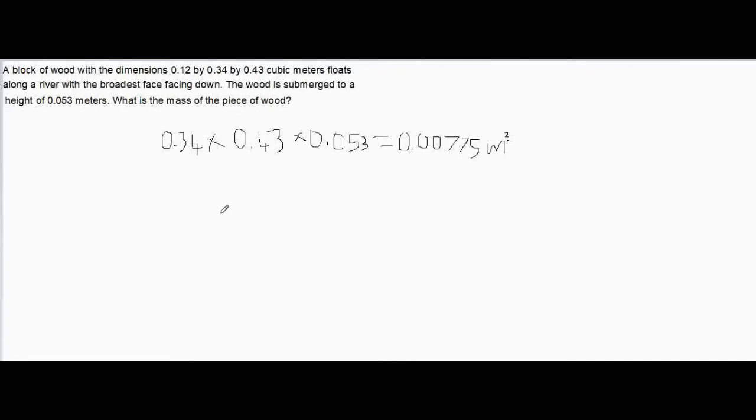So now what we've just found is the volume of water that's displaced. Now we want to find the mass of that volume of water. Apply Archimedes principle. So we know that density, we'll use D for density this time, equals mass over volume.